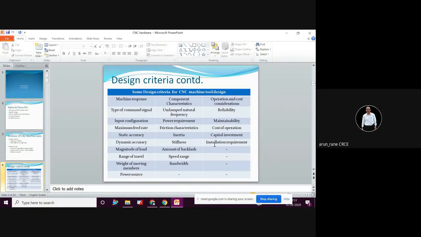Moment the machine arrives, it still used to take 3 to 4 days for commissioning. So 1 week before, and it used to take 10-12 days in all.